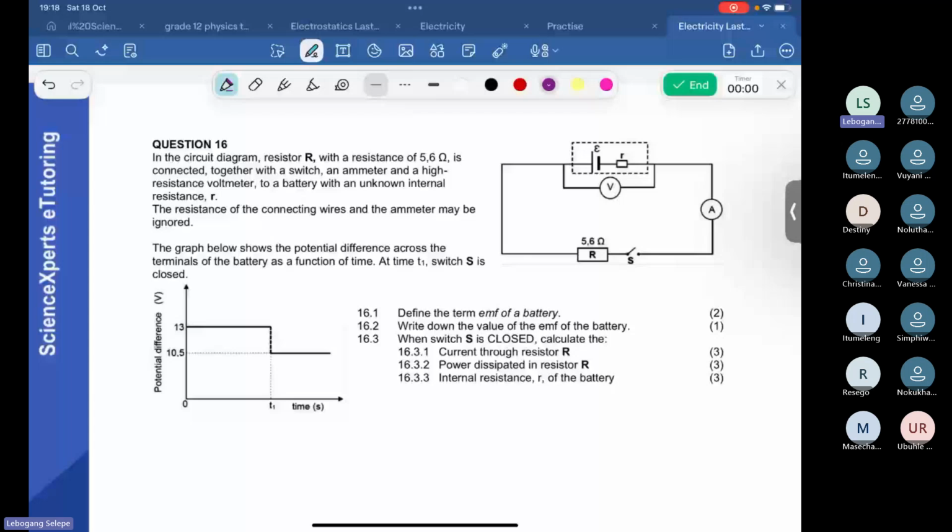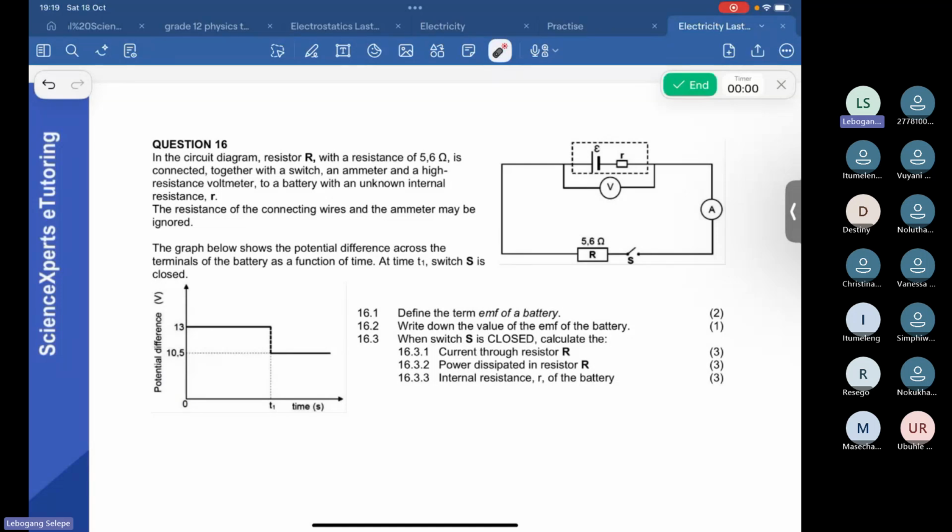Let's read the statement. In the circuit, the resistor R of 5,6 is connected together with a switch, an ammeter, and a high resistance voltmeter, measuring the V external. The resistance of the connecting wire and the ammeter may be ignored.